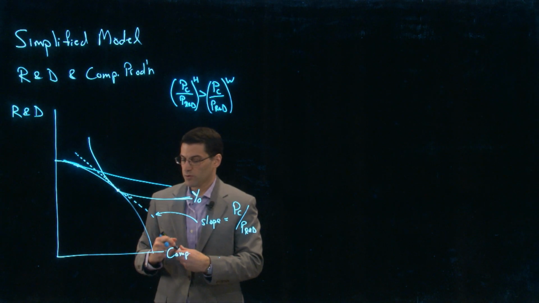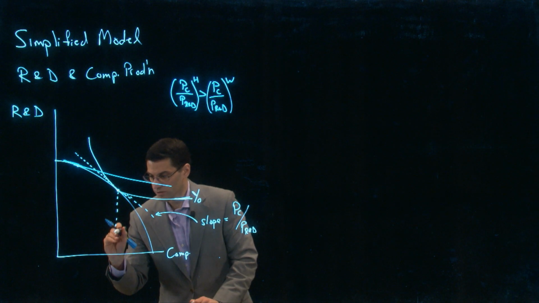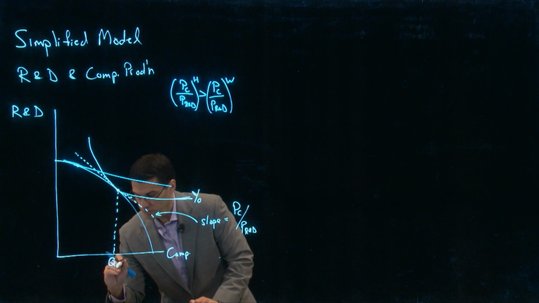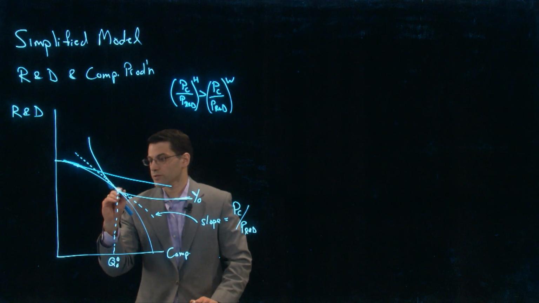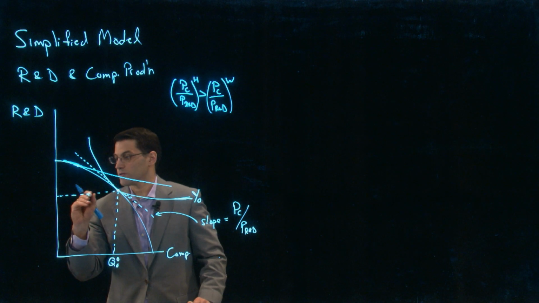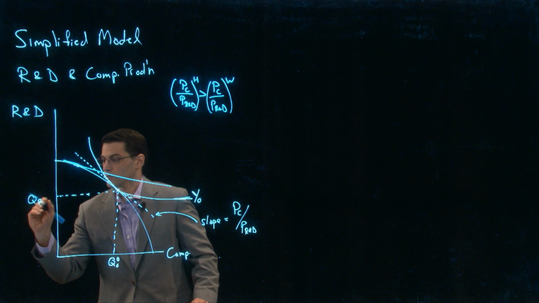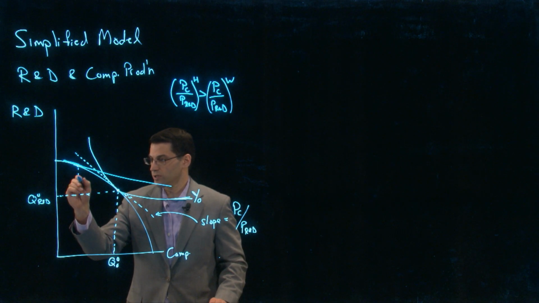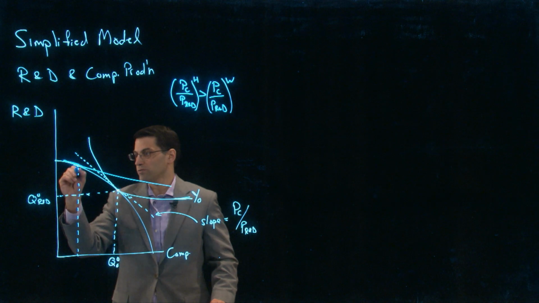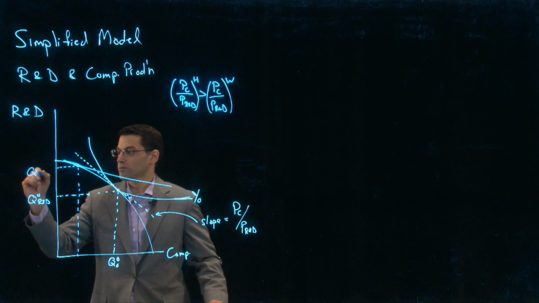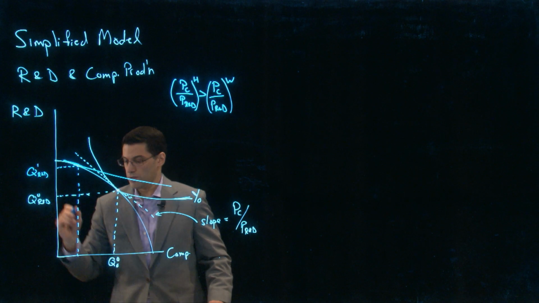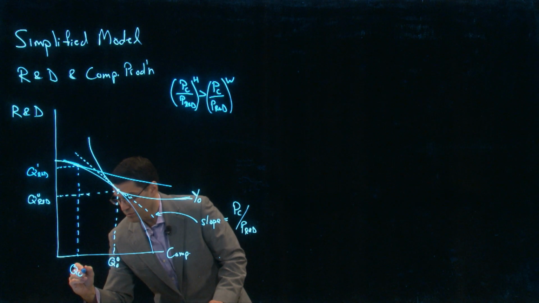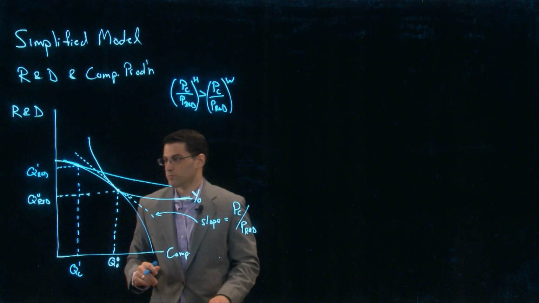So what do we end up doing? We initially produced this level of components and this level of R&D. Now we're increasing our production of R&D and decreasing our production of components.